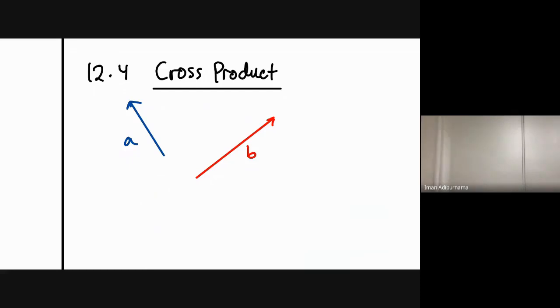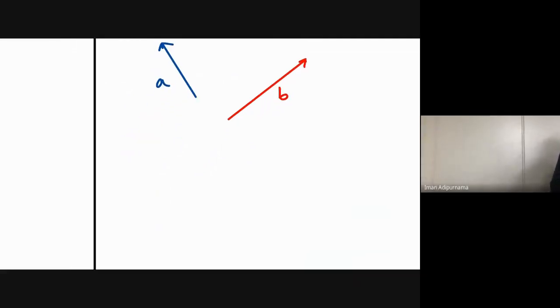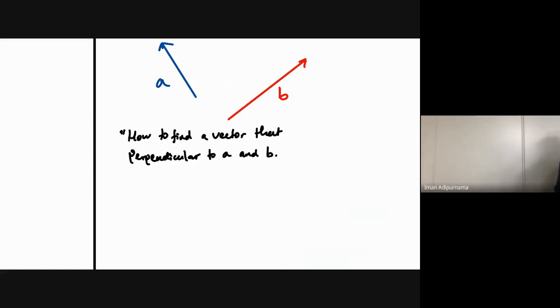And to produce such a vector, we need the cross product. So the idea is how to find a vector that is perpendicular to vector A and vector B.